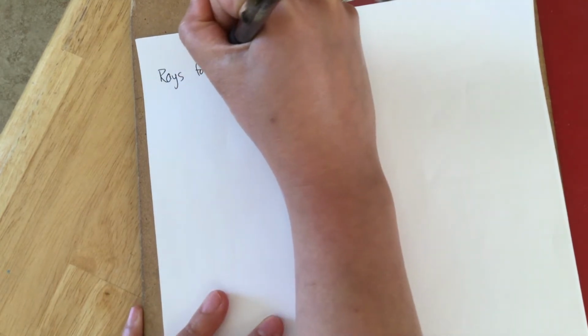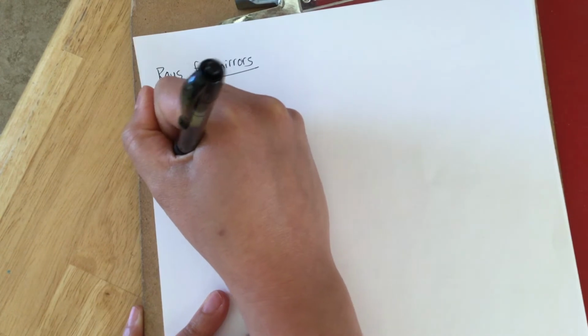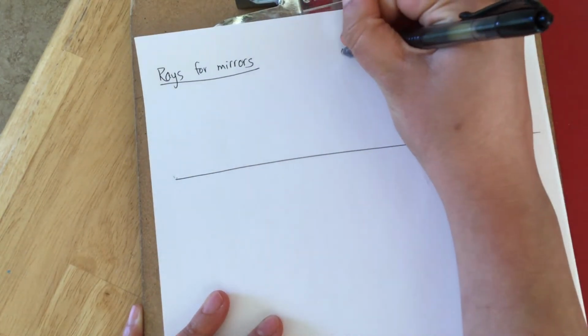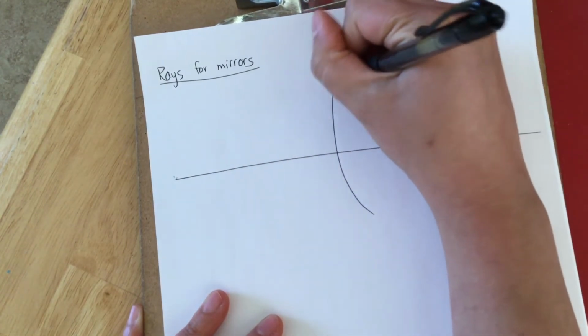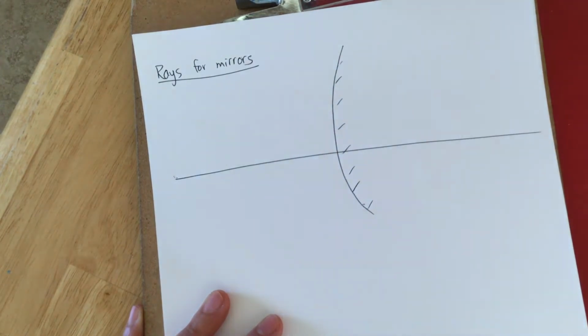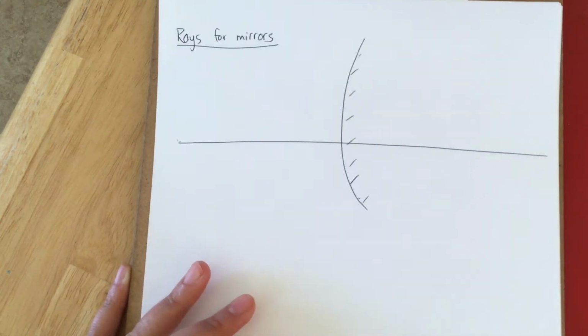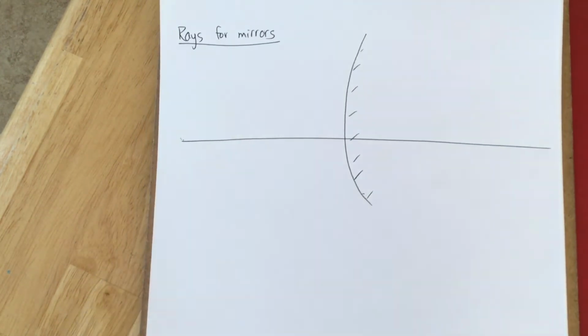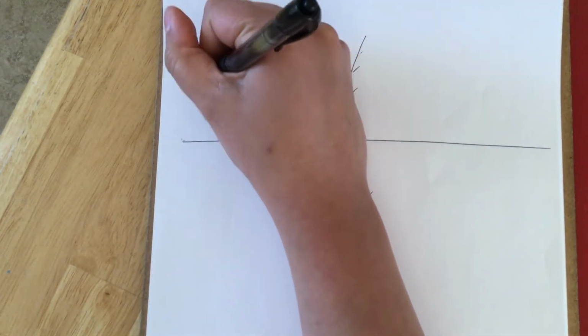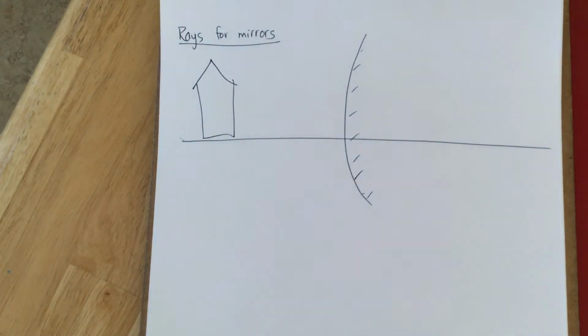Rays for mirrors are still going to have two rays. And how about we do this as a diverging mirror this time? And let's say we're dealing with a house.